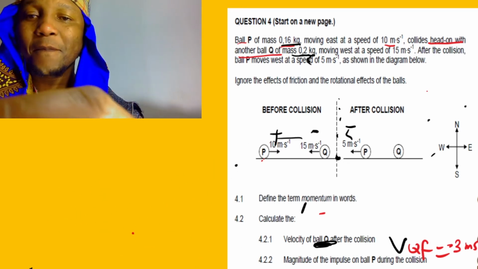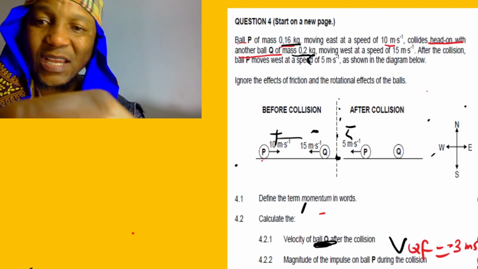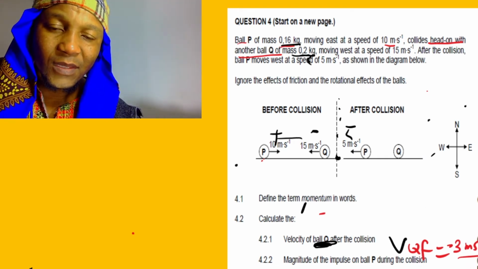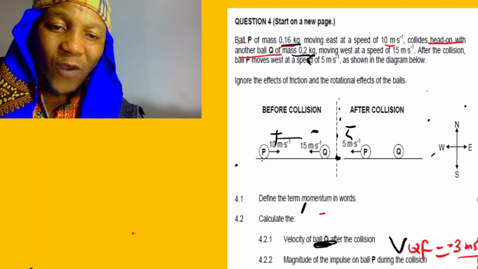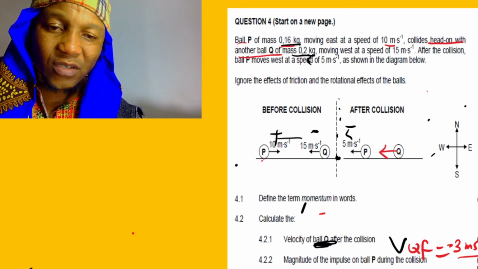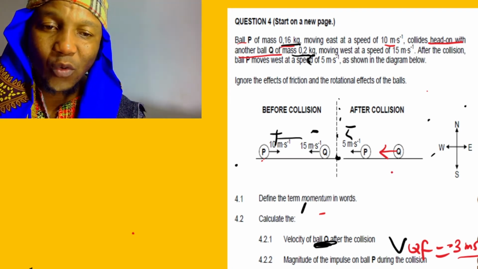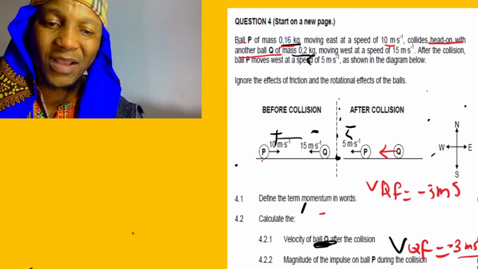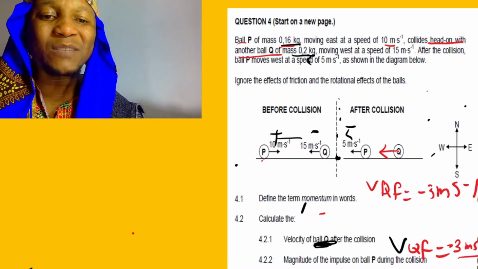We have obtained velocity final of Q, and since it's negative 3, this Q is going to be moving in this direction, to the left.